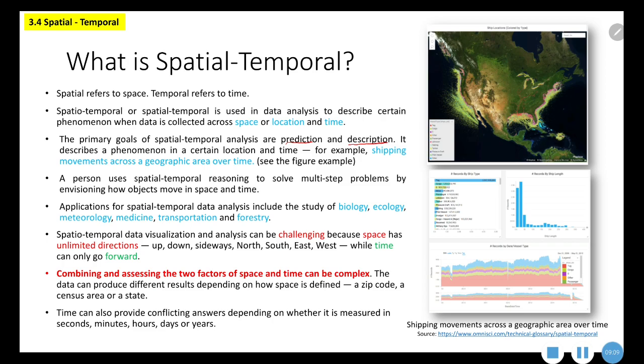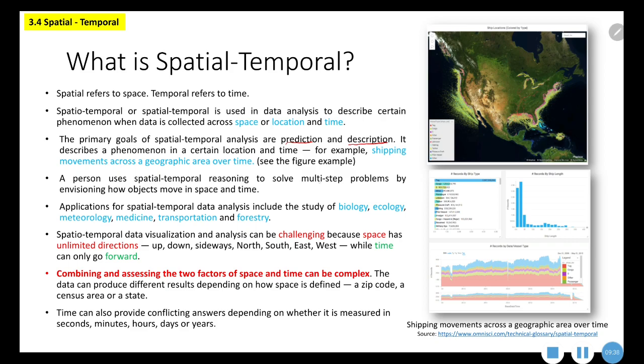So for example, it describes a phenomenon in a certain location and time. If you look at the data about shipping movements across a geographic area over time, that is one representation of how we can understand the data for this kind of business.